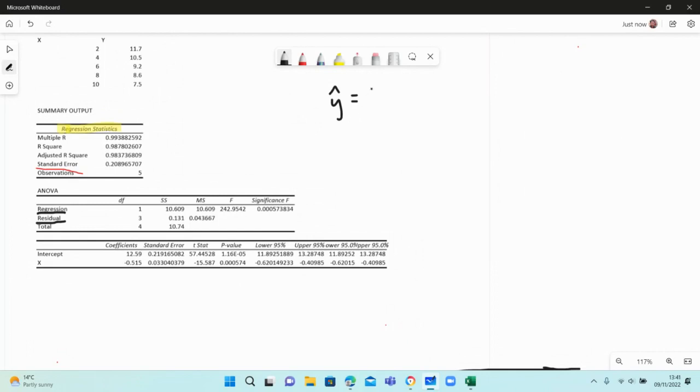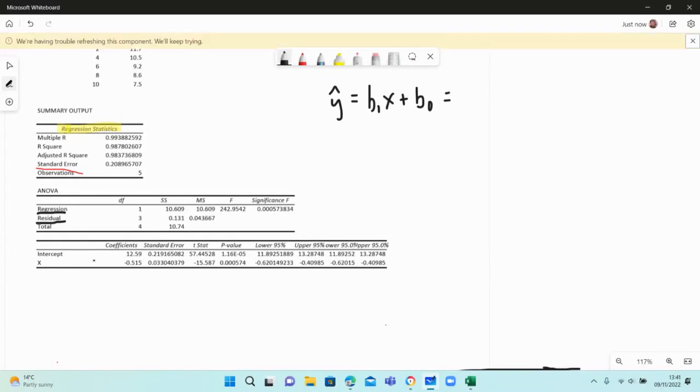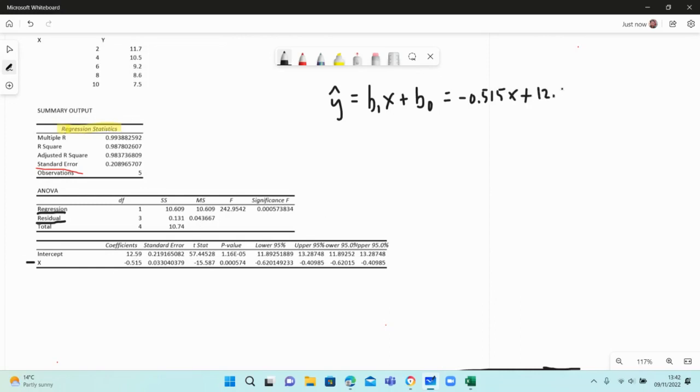So y hat is equal to b1 x plus b0, where b1 in this case will be the coefficient coming from the second row corresponding to the x row, and it is equal to negative 0.515 x, and then our constant is indicated here as 12.59.